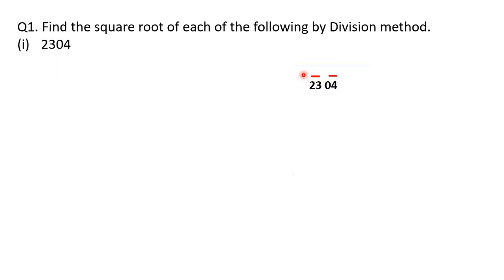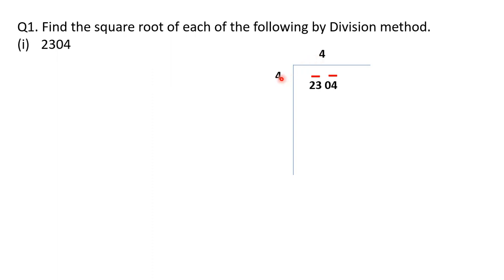Now we have to choose a number whose square is equal to or less than 23. So let's start. 3 threes are 9, that is less than 23. 4 fours are 16, it is also less than 23. 5 fives are 25. Now 25 is greater than 23, so we take the digit 4.